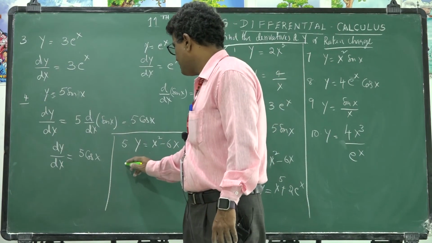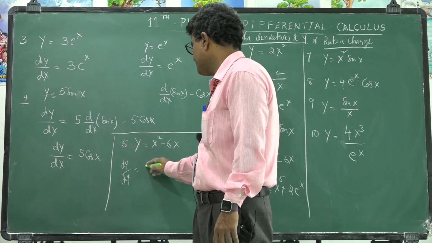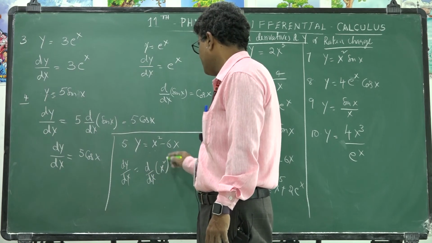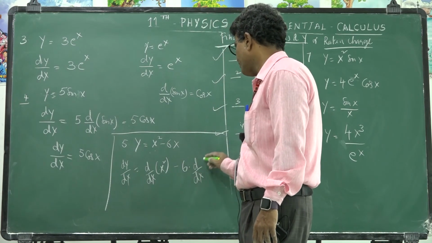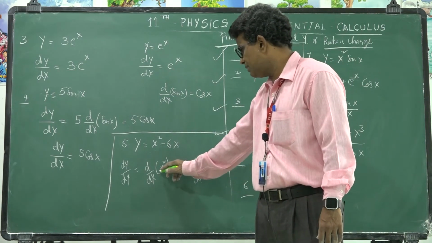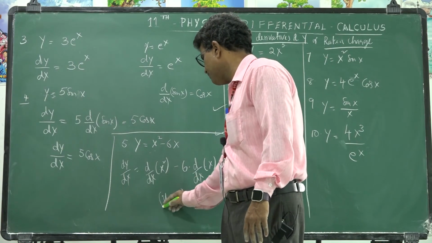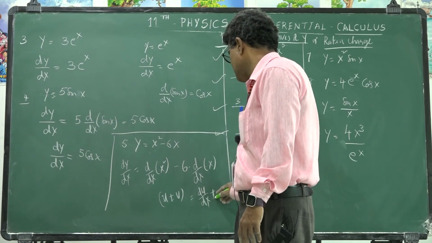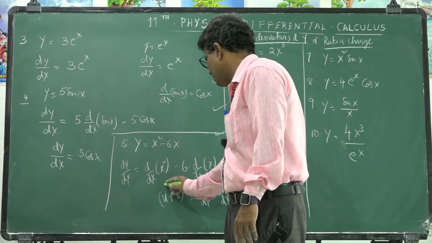So dy by dx is, first you differentiate d by dx of x square, first function you write as it is, minus 6 of d by dx of x. Here I am using which formula? The u plus or minus v formula. What does it say? du by dx plus or minus dv by dx.